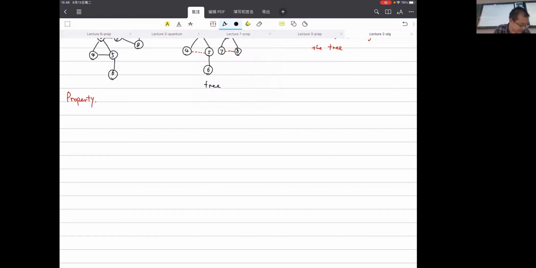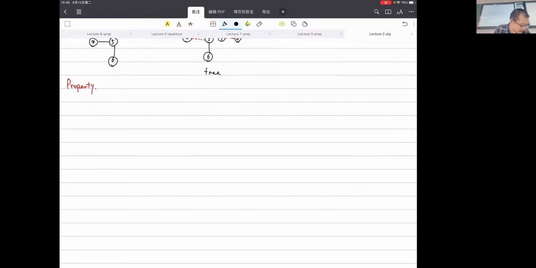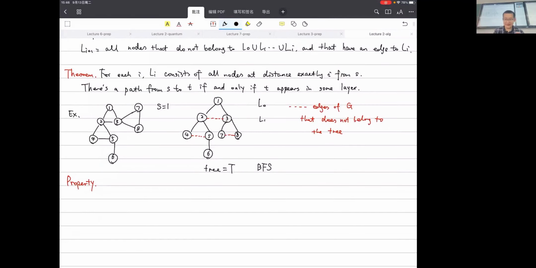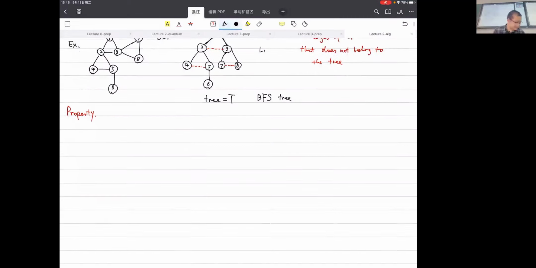Sorry, I should probably mention that this tree T is called a BFS tree, because we are talking about breadth first search. By breadth, you can see the intuition that at each vertex, we try all of the neighbors, and we do this again and again. So in general, this is called a BFS tree.